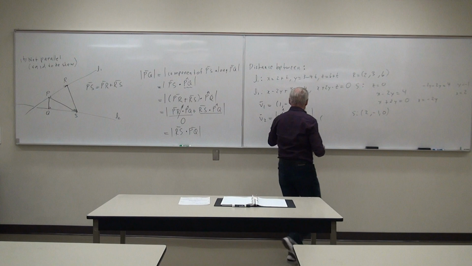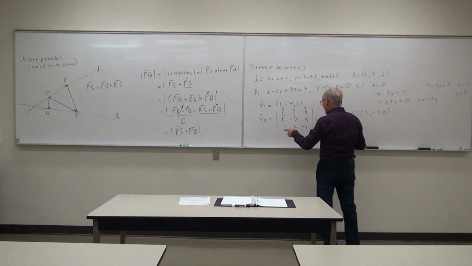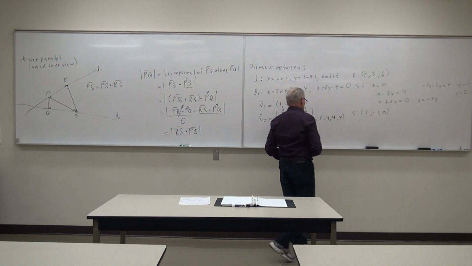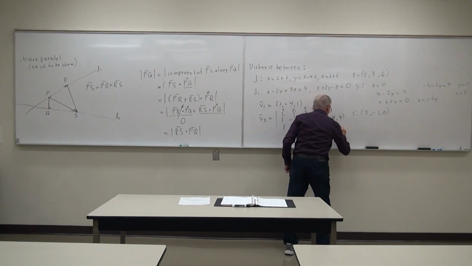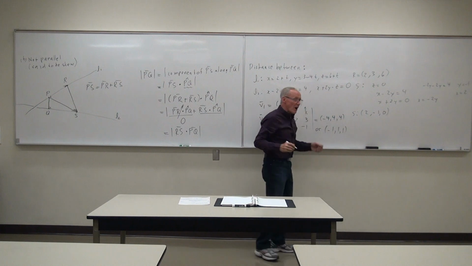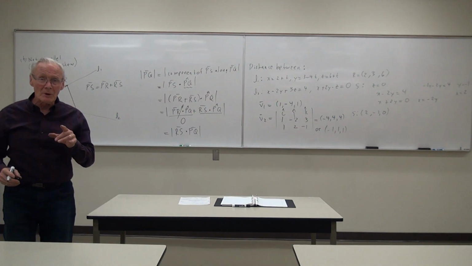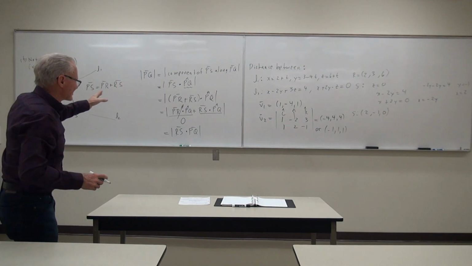So what do we get? 2 minus 4. 3 plus 1, 4. 2 plus 2, 4. All right? I think I would like to use minus 1, 1, and 1. That's also a vector along it. These are just numbers, because I'm going to make things into a unit vector eventually, so it doesn't matter.